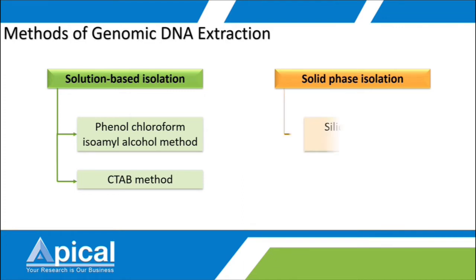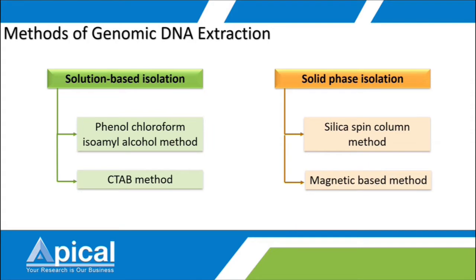While for solid phase isolation, there are two methods also. One is using the silica membrane method, which we usually call the silica spin column method. And another one is the magnetic bead-based method. These two methods are actually nearly the same, the principle is the same.